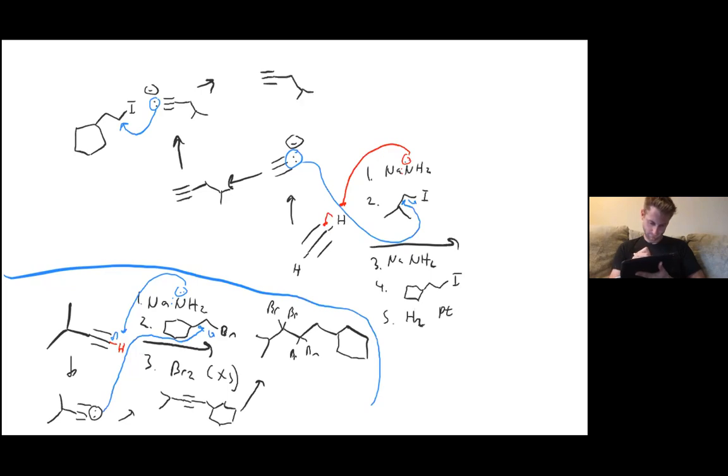We've got 2 carbons and then our 5-membered ring. And then finally H2, just going to reduce down your triple bond to your single bond. So there are 1, 2, 3, 4, 5, 6, 7 carbons in between your ring and the end of your molecule. And that should give us this structure here.